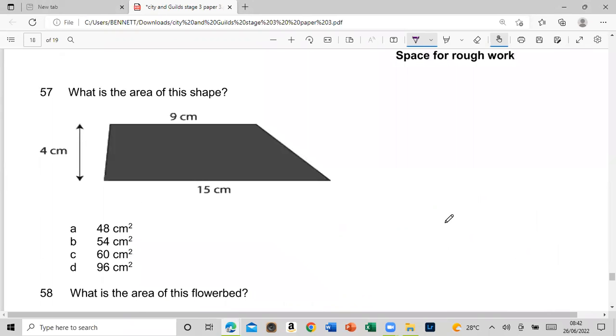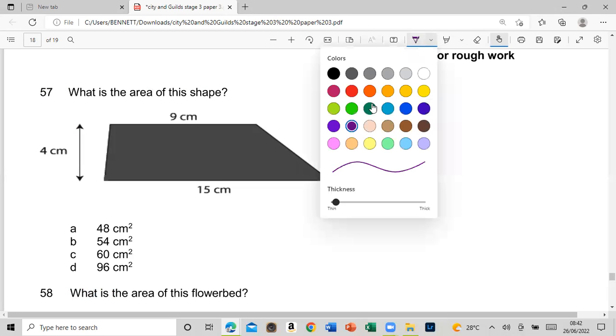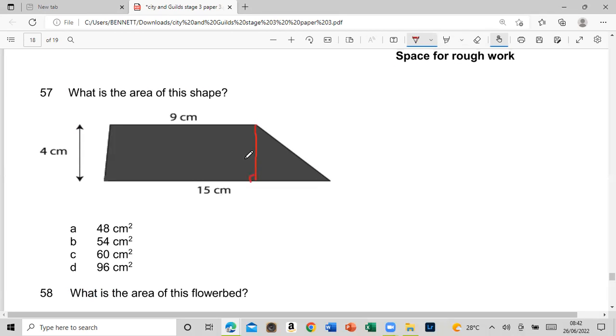All right, 57. What is the area of the shape? There are two ways we can do this. We can say 9 plus 15 divided by 2 times 4, or we can cut it up into a rectangle. I'm going to show you both ways. Right here we have a right angle triangle. This part would be 4, this is 15, and this is 9.